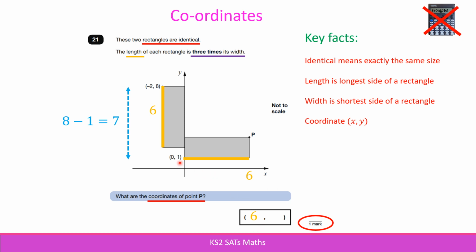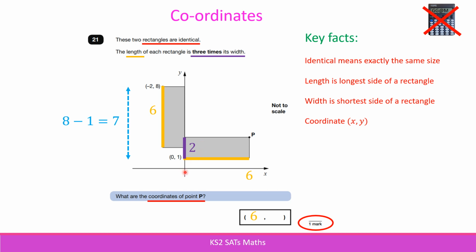Now we know it's going to be greater than 1, but we're going to be using this rule here that the length is 3 times its width. Now if the width is 6, if I do 6 divided by 3, that gives me 2, which is this distance here. So my vertical distance here is 2, or my width is going to be 2.